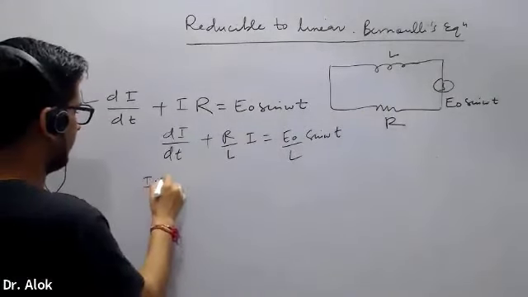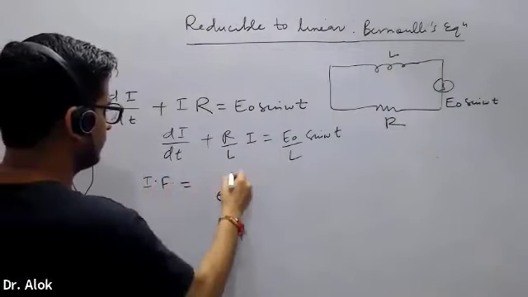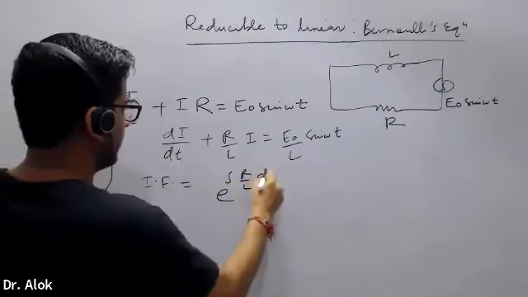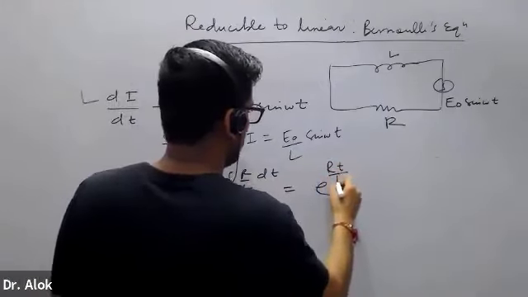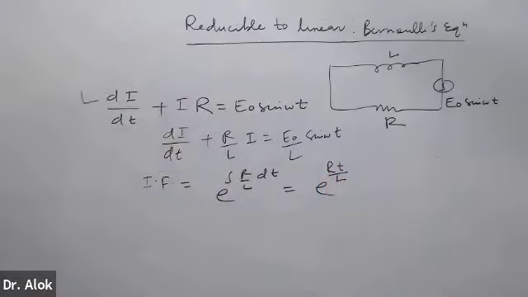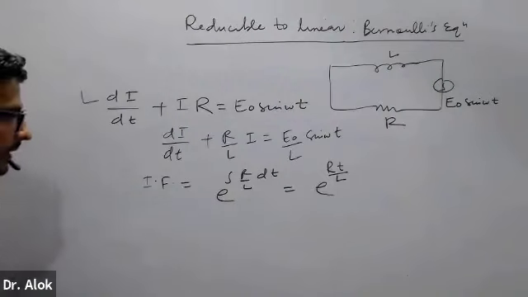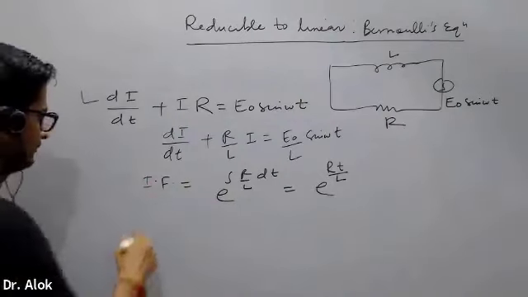So first of all, let us calculate the integrating factor quickly. So integrating factor is given by e to the power integral R by L dt. So that is e to the power RT by L. Correct? So what will be the solution?